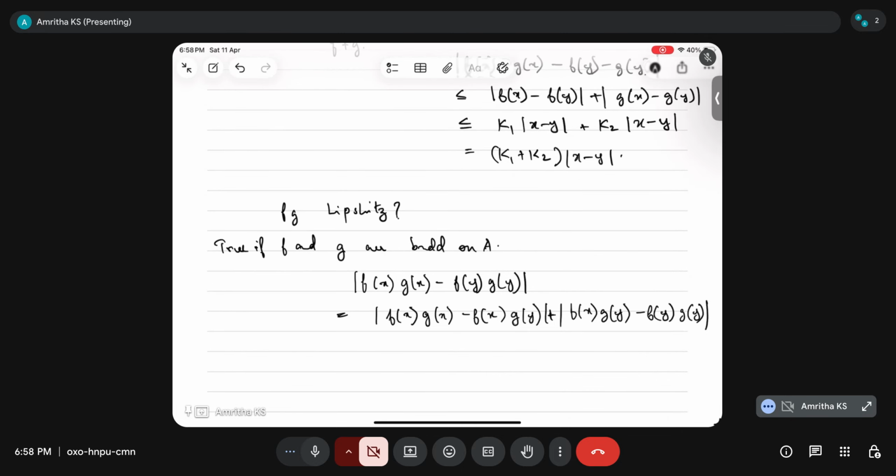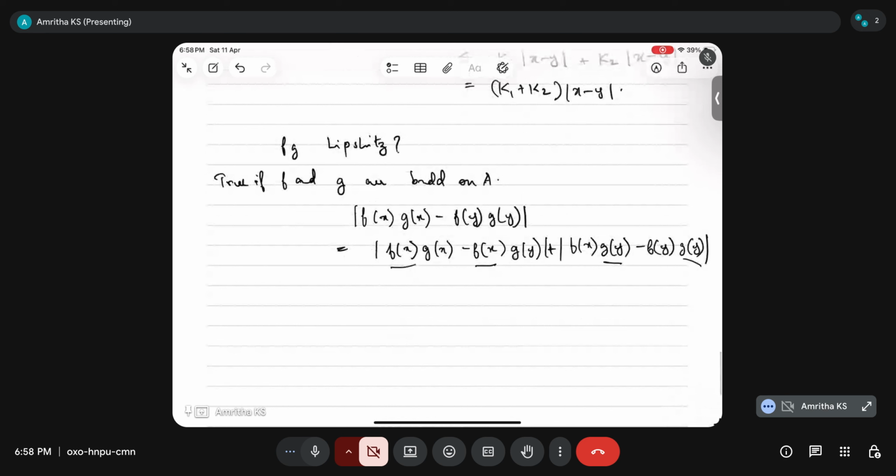And then here, because f is bounded on A, we can take out the supremum of f of x. Here one can take out the supremum of g of y, and then use the Lipschitz property of f and g, and then you would get it readily.